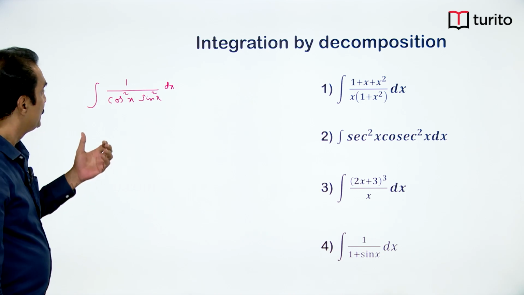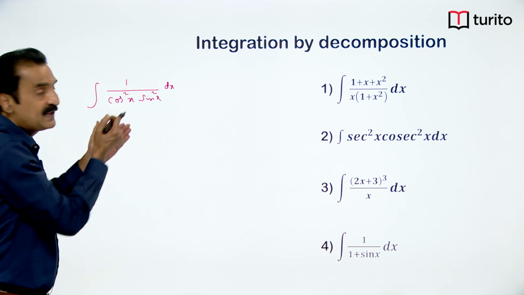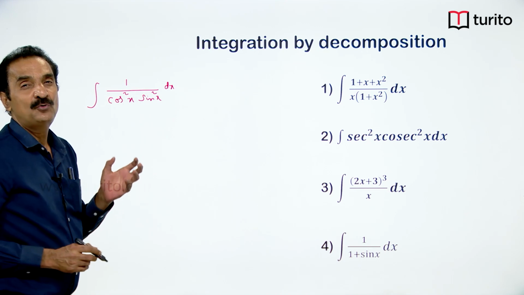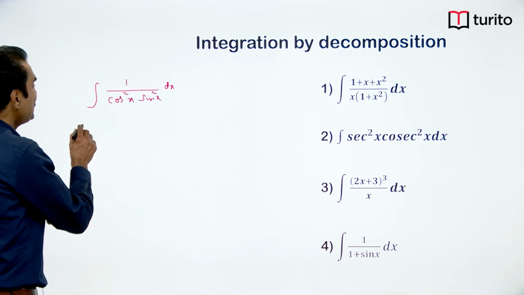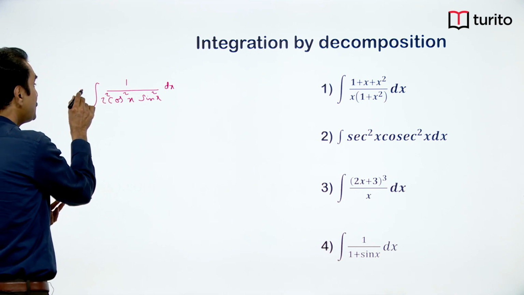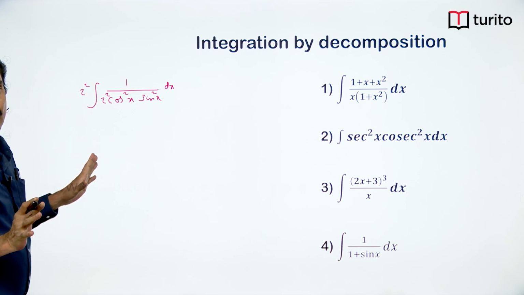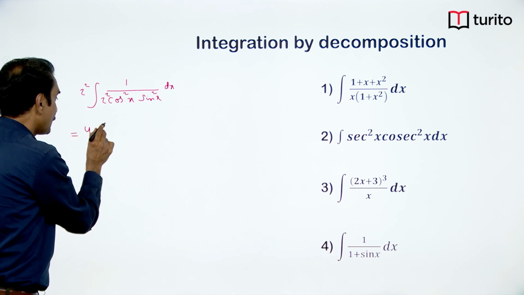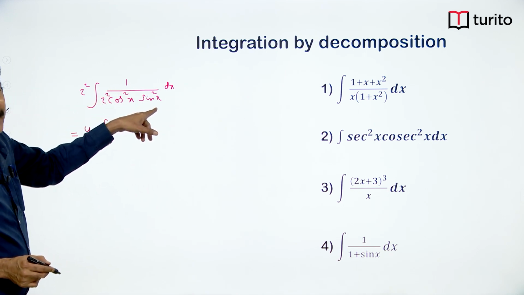Now, instead of decomposing, we can combine them into a single function. How? You know the formula 2 sin x cos x is sin 2x. So, I will multiply by 2 square here. 2 square is a constant, so I can multiply by 2 square outside. The value remains same. Now, 2 square is 4, and 2 cos x sin x is sin 2x.